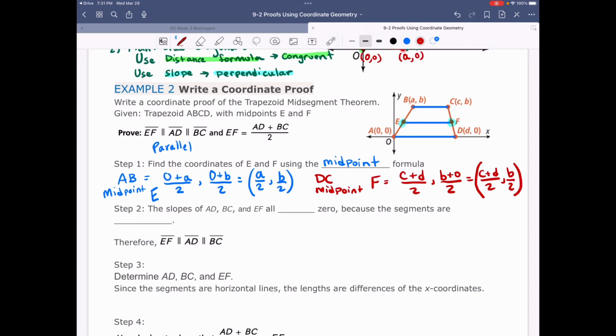For step 2, the slopes of AD, BC, and EF all equal 0. And the reason is because the segments are parallel to the horizontal.